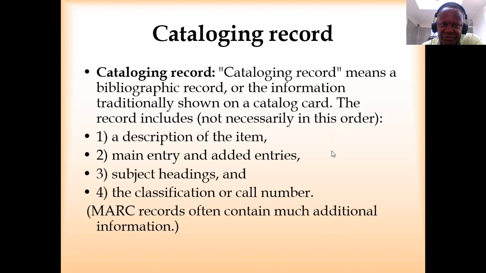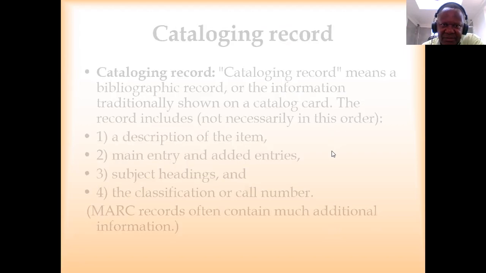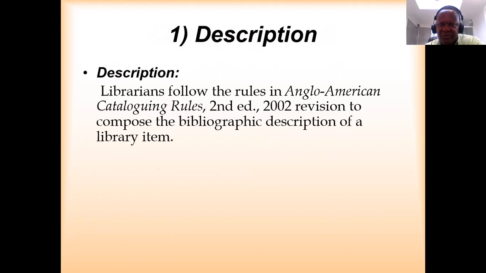No more queries. So the description is what I'll start with. What do we include in the description? We of course follow the Anglo-American cataloging rules, the second edition. It has been revised a number of times, so the 2002 revision might not necessarily be the latest.